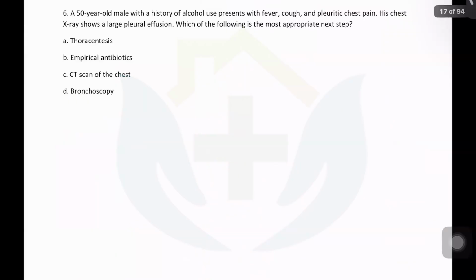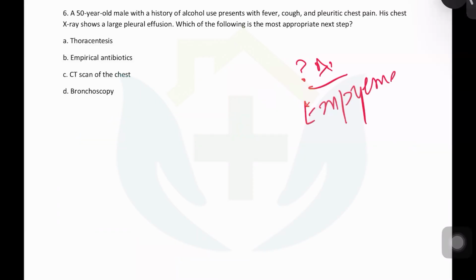All right. A 50-year-old male with history of alcohol use presents with fever, cough, pleuritic chest pain. His chest X-ray shows a large pleural effusion. Which of the following is the immediate next step? What will you do here?